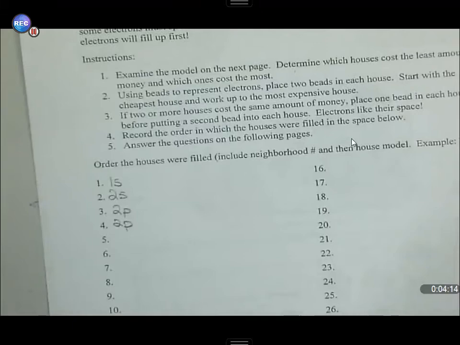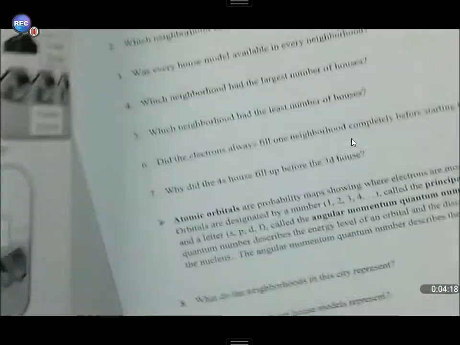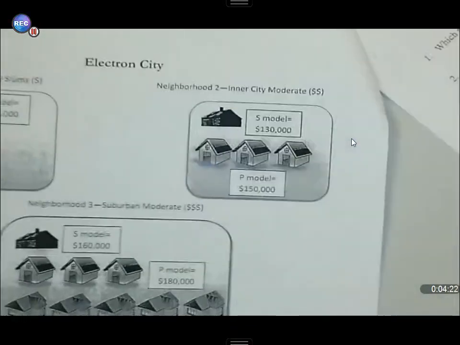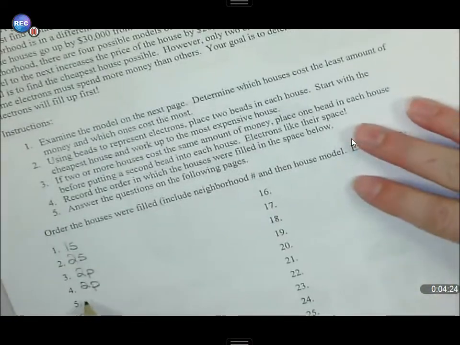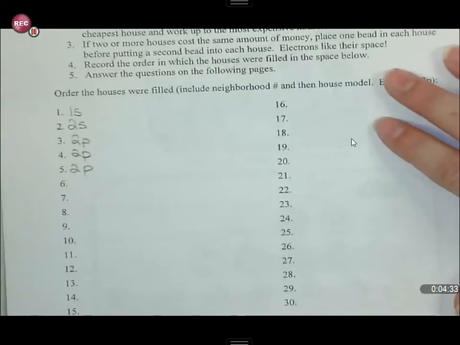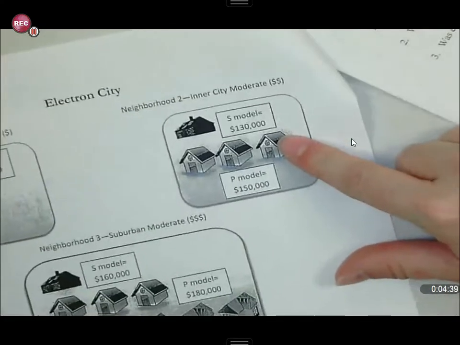And then we have the next one. What's it going to be? 2P. You're getting ahead of the game when you said 2P2. This would be 2P3. We're getting there. Okay, so now our houses in neighborhood 2 are full.